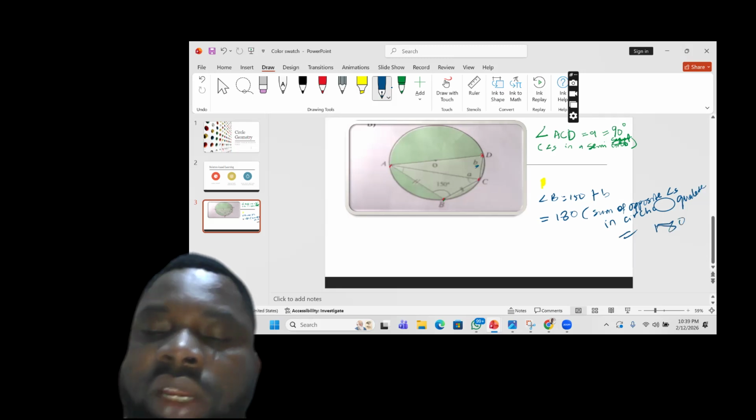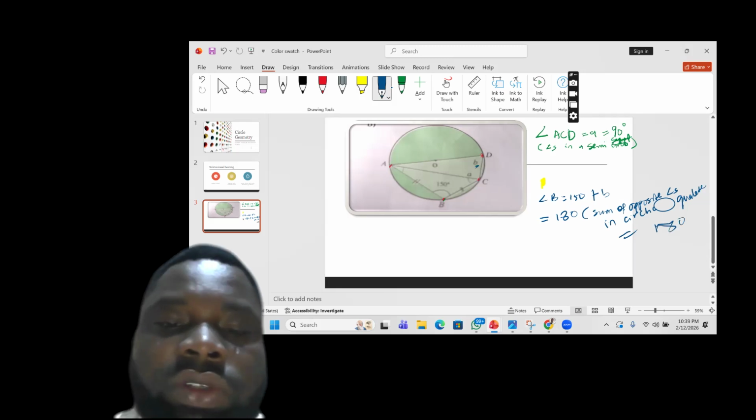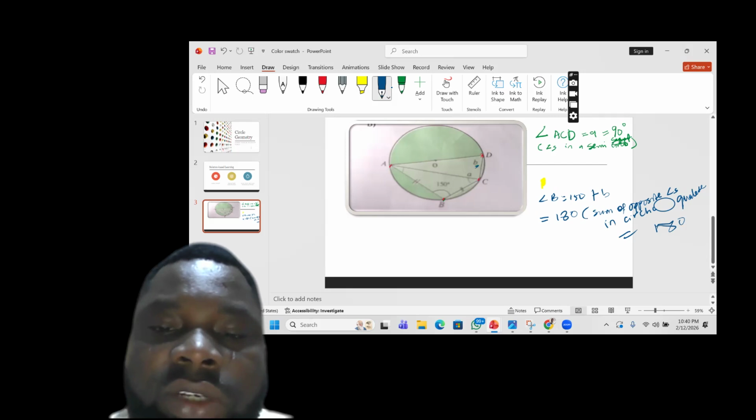So when you add this angle and this angle together, they are going to give you 180.